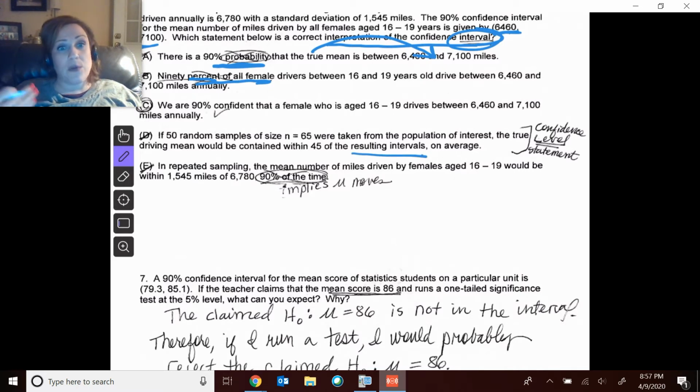It didn't really say they were all 90% confidence intervals. But this one's saying how many of the resulting intervals will contain the true mean. So this one, part D, actually was the kind of more alluded to. I still see some problems with it, but it was more like a confidence level definition.